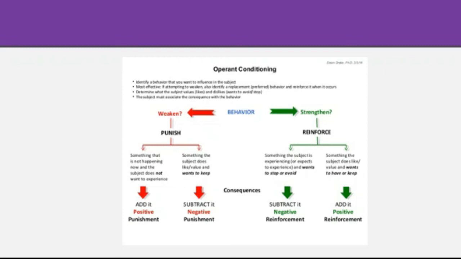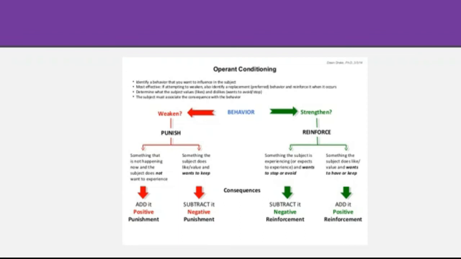And next would be reinforcement. Kinukuha natin yung something para mas ma-reinforce yung tao na gumawa ng certain things, and also, nagbibigay tayo ng something, positive reinforcement, para lumabas yung gusto nating behavior.